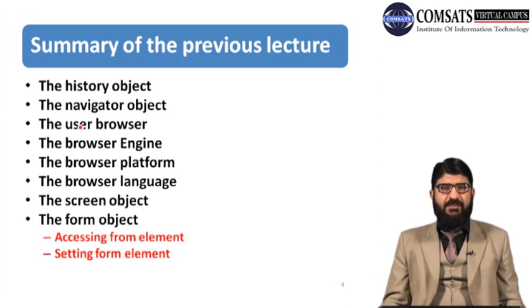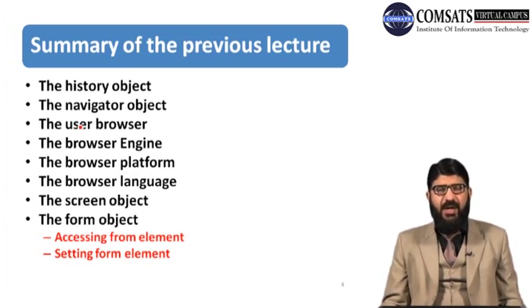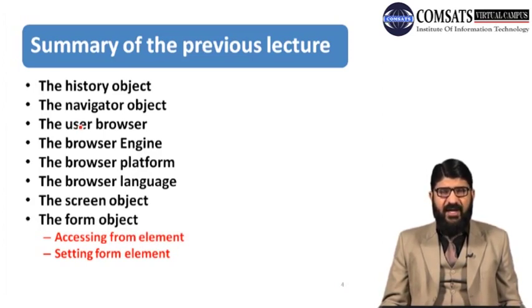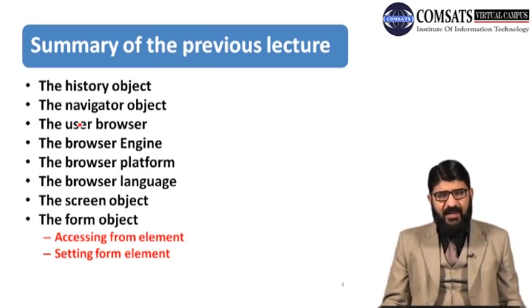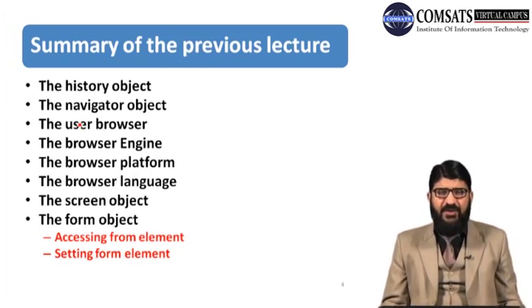Then we discussed the form object. First of all, we learned how to create a new form and different elements for the form as well. There are different form elements. Using the method get element by ID, we can get the information about a particular web form element.